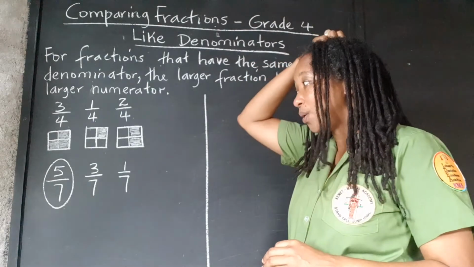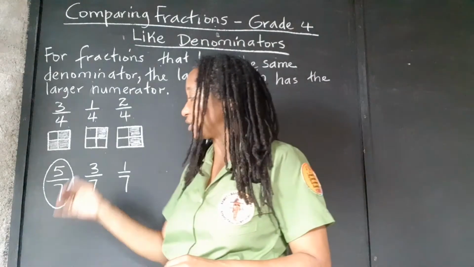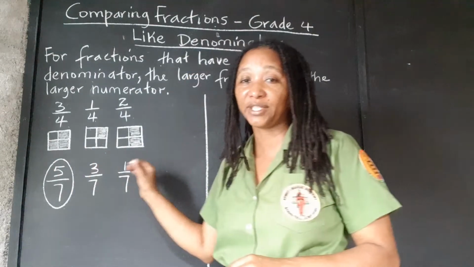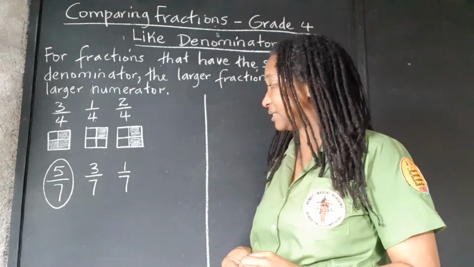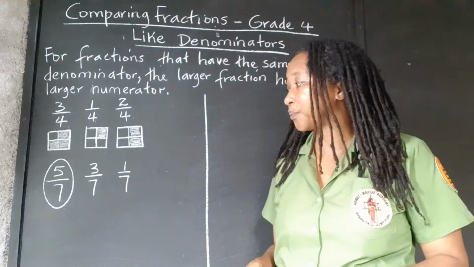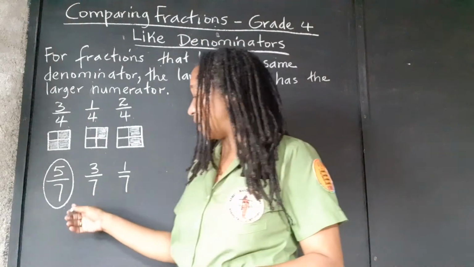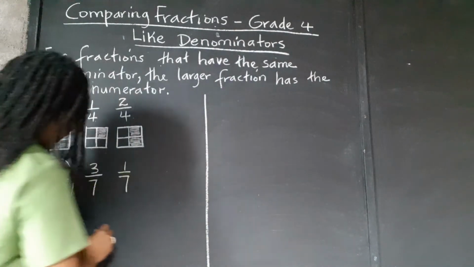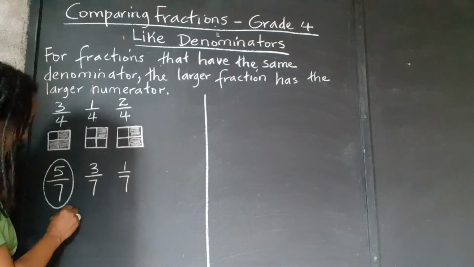So if we're comparing fractions, just look at the numerator once the denominators are the same. So let's do some comparisons then. I'm just giving you two more for this type, and you're going to tell me.